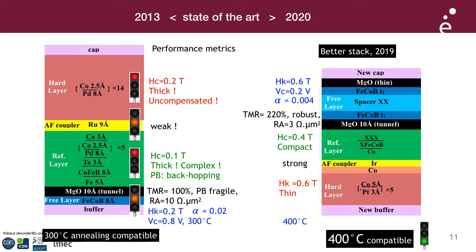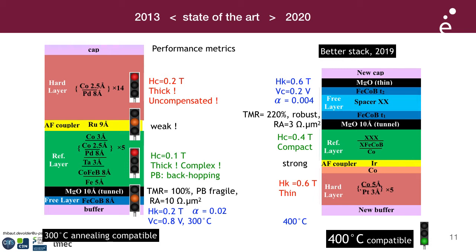So now the free layer is on top, while previously it was at the bottom. If you look at the performance metrics, you see that now you can have free layers with typical anisotropy fields of 600 millitesla instead of 200 millitesla, with a much lower damping, so that they would switch for a lower voltage.